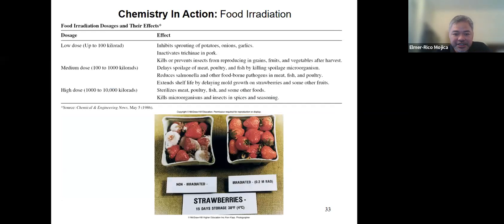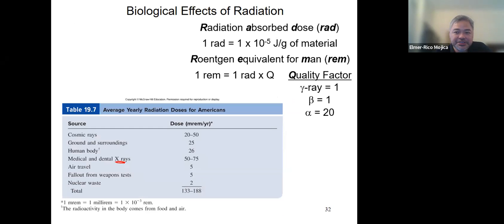But there are a lot of applications of this radioactive material. Are you familiar with the Krebs cycle? Class? Are you familiar with it? They were able to determine the Krebs cycle by using radioactive material. So what they do is they have these radio-labeled materials and they monitor in every step of the cycle what form it is.